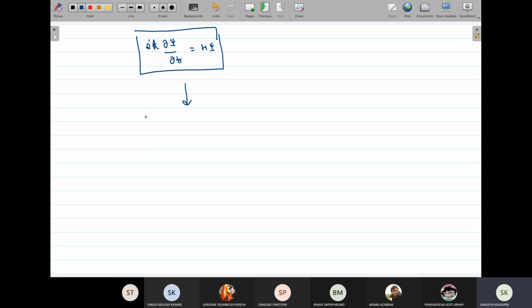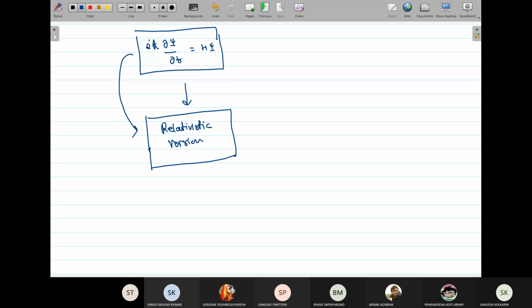That means one should construct an analogous equation. What is the relativistic version of this? So this is what we are going to do now.